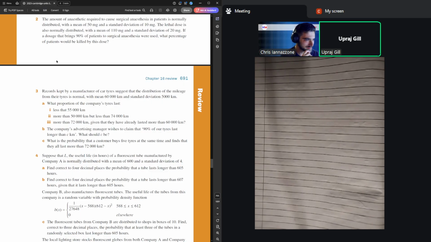The amount of anesthetic required to cause surgical anesthesia in patients is normally distributed. Okay, mean of 50, standard deviation of 10. The lethal dose? How would they? Okay, it's kind of cool they have data on the distribution of lethal anesthesia.